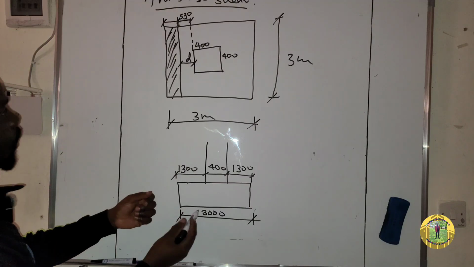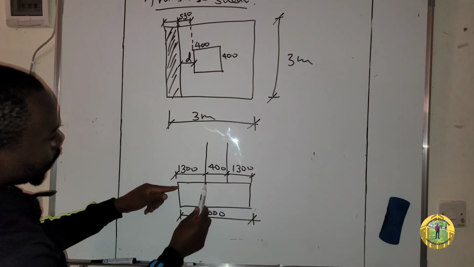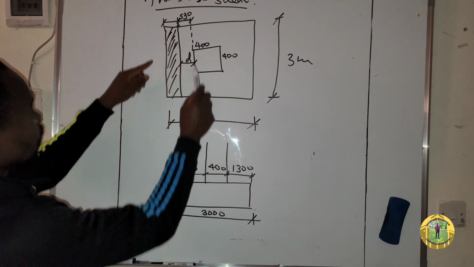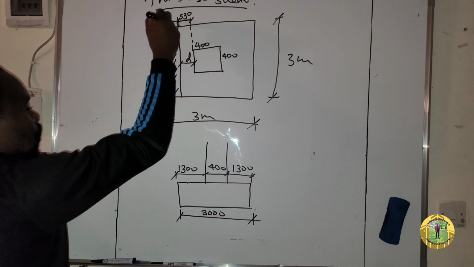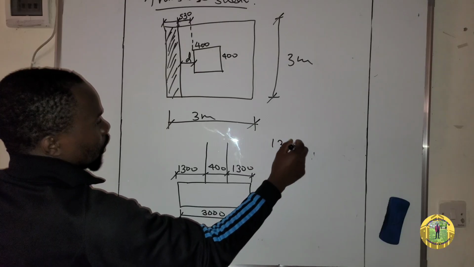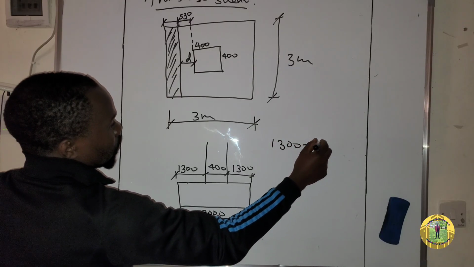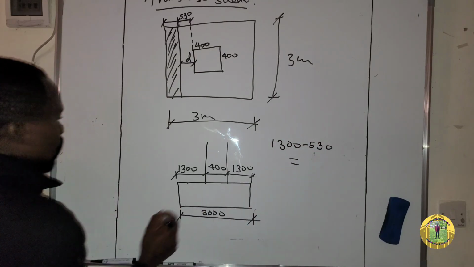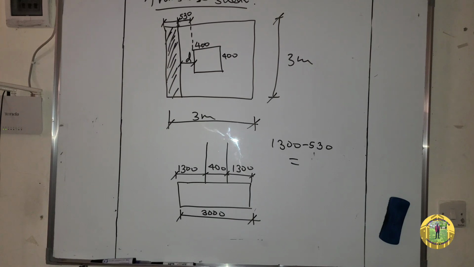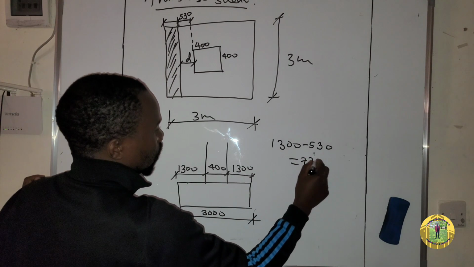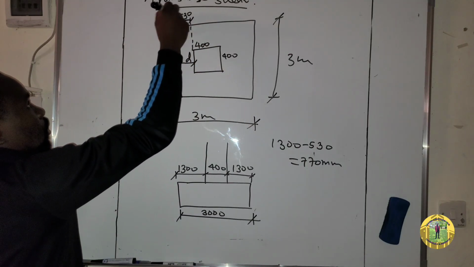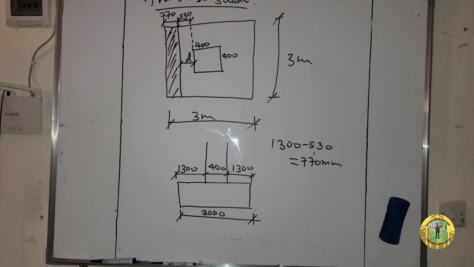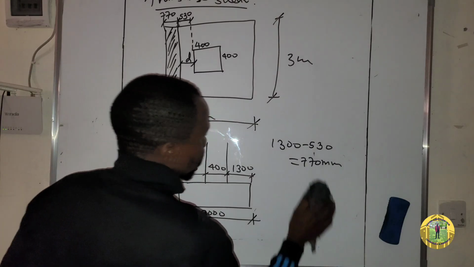So to get this distance, you take 1,300 minus 530, which is equal to 770 millimeters. So here is 770, like that. So let's proceed.